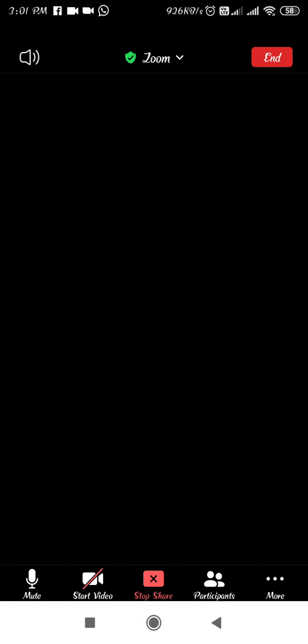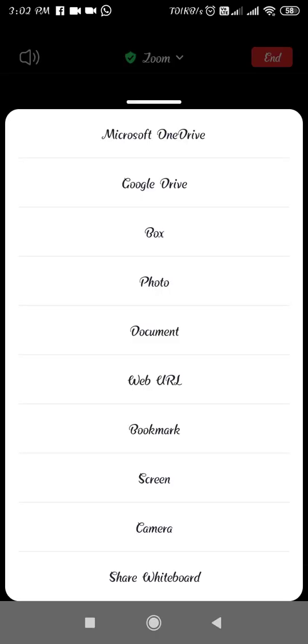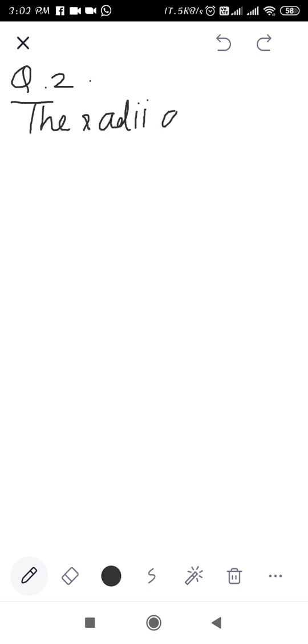First we'll write what is given to us. Okay, the radii of the ends of a frustum are 14 and 6 centimeter, right? The radii are 14 centimeter and 6 centimeter.